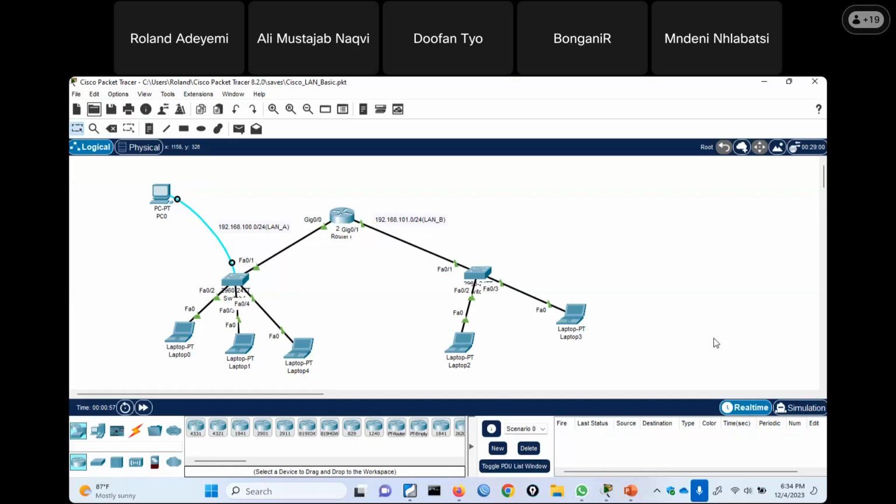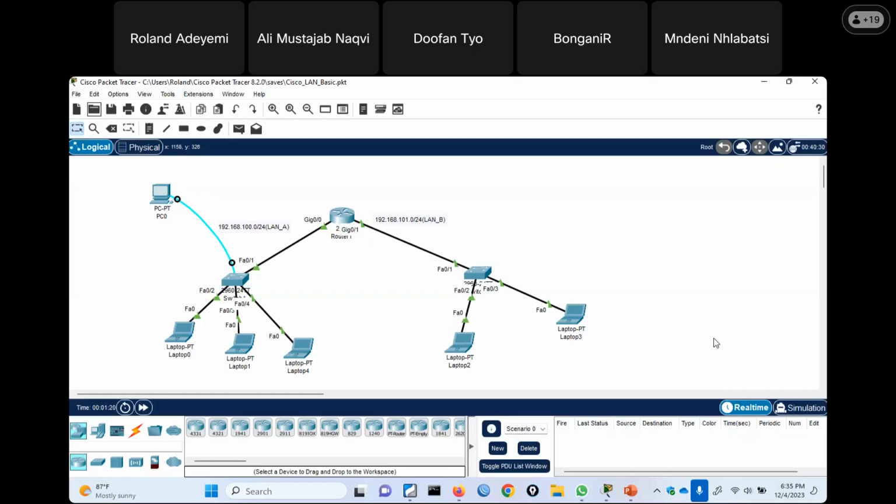Don't ever forget that. You want to do static route, you are talking of two or more routers. You want to do OSPF, you are talking of two or more routers. But once you have just one router, there is no need for any routing protocol because the router is directly connected. You can see all those LANs.